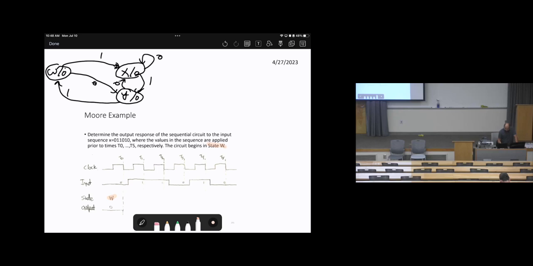Then the updates, let's assume, happen at the negative edge. Now the updates happen only at the negative edge, for both the states and the outputs, because here the outputs are only a function of states.